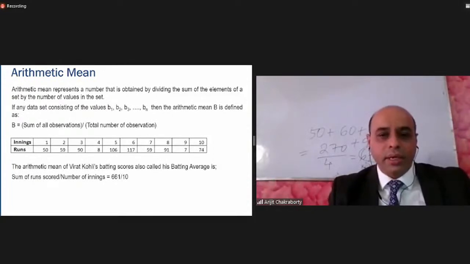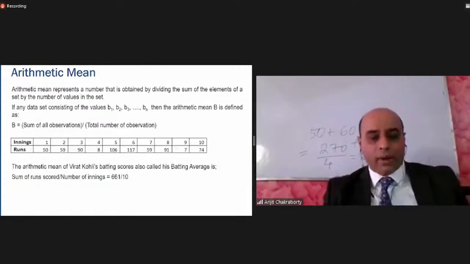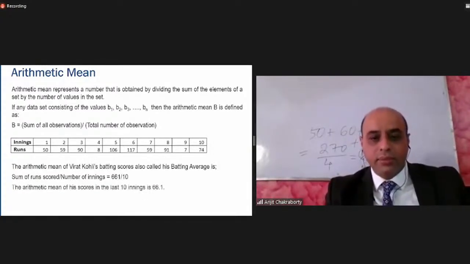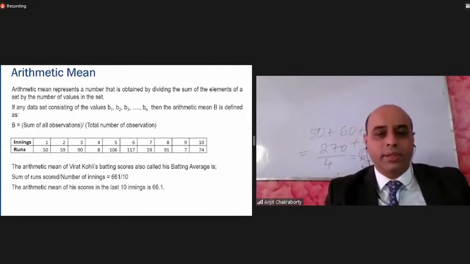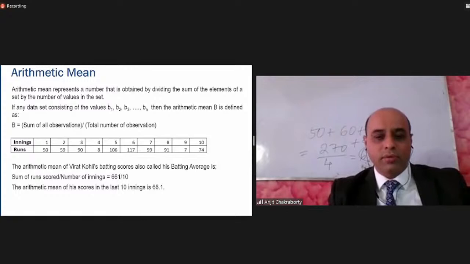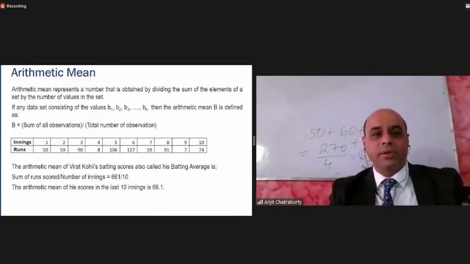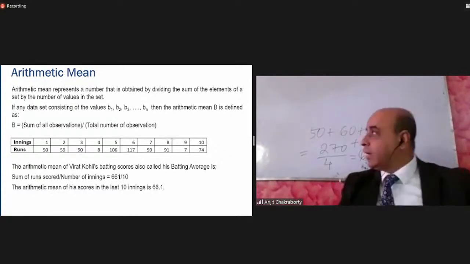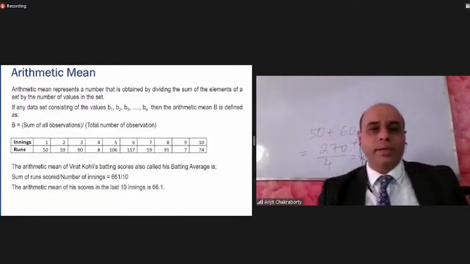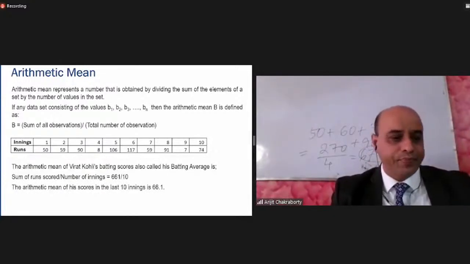The total number of runs which Virat Kohli has scored in these 10 innings comes to 661. So 661 divided by 10 gives you 66.1, which is the average. So this is basically the arithmetic mean: we are adding all these numbers and dividing by the number of terms, so we get the average score, which is the mean.